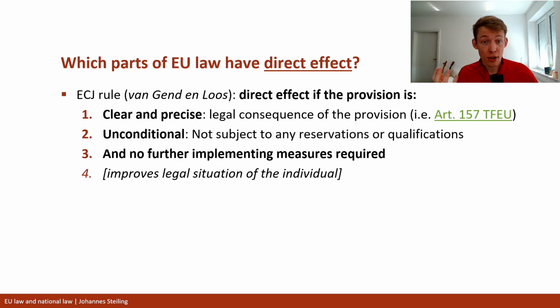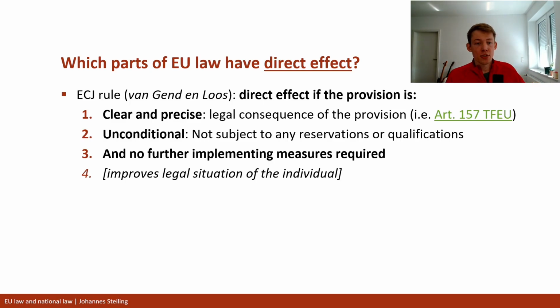So regulations generally have direct effect, but if we test whether a regulation has direct effect, we can't really test this fourth criteria, because the regulation can put obligations on individuals. That is one of the main things that the regulation does.